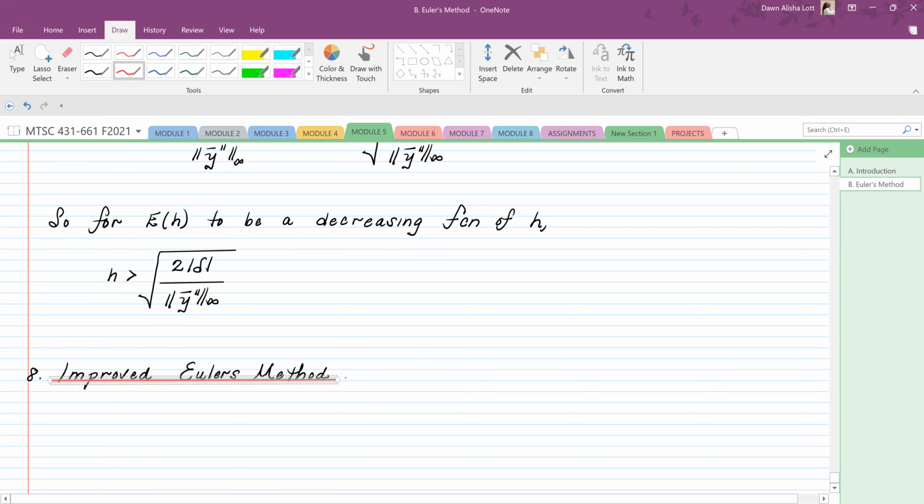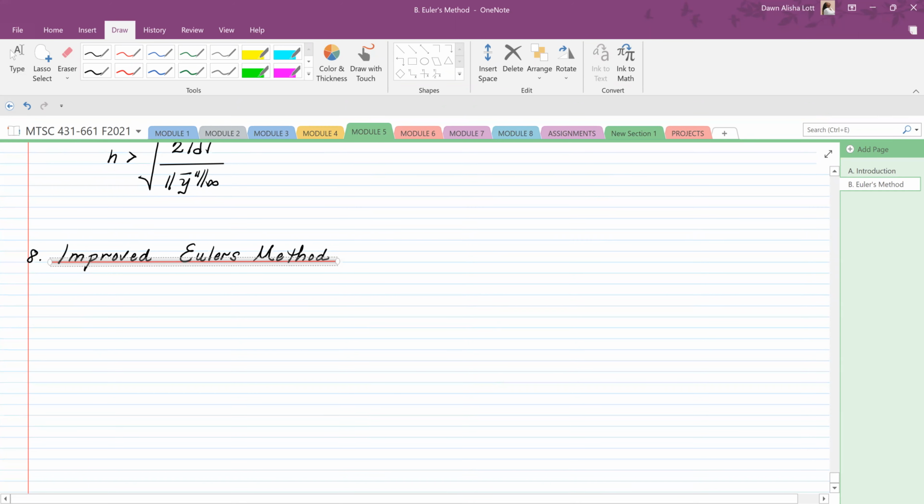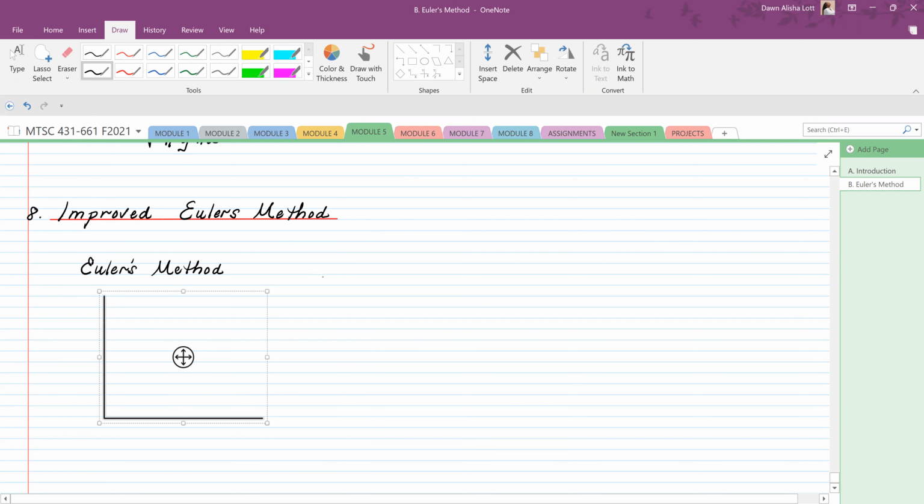Okay, so if you remember Euler's method, let's go back to Euler's method for a moment. So Euler's method said, here's my function.